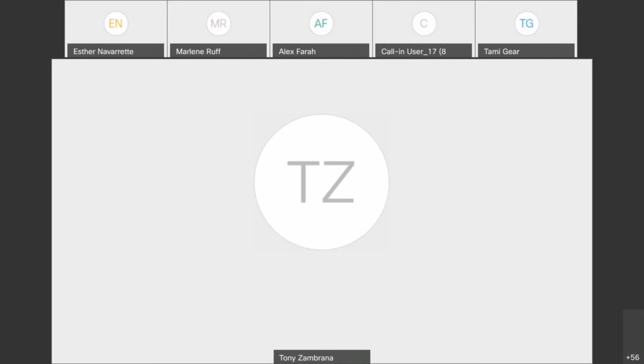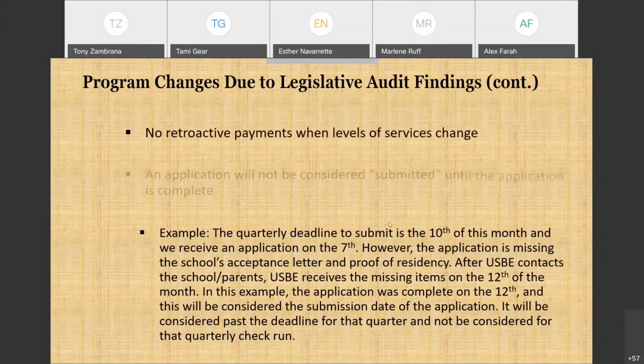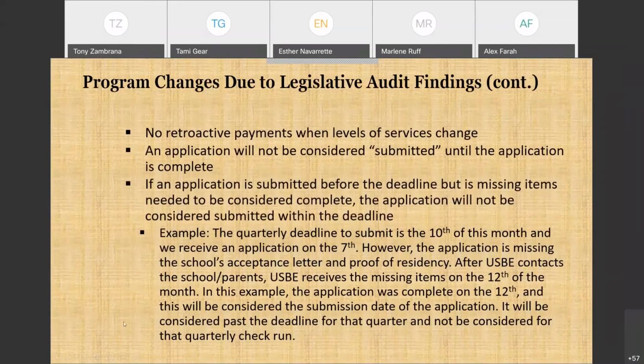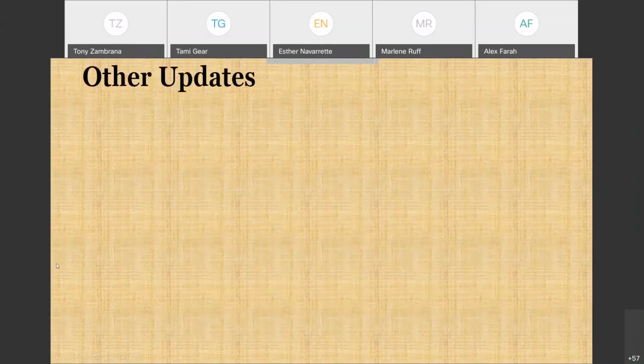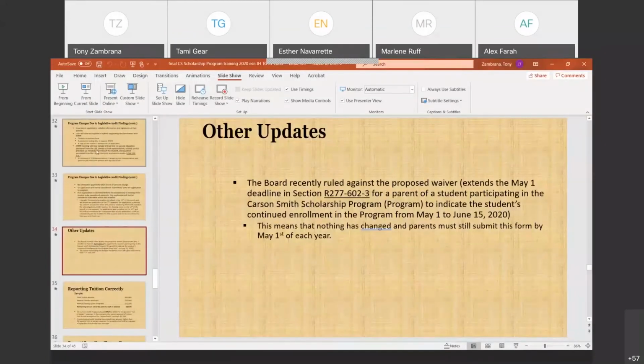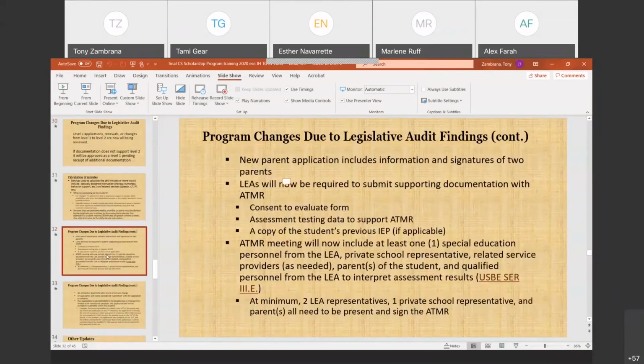So, is this where we were? No, we were one slide before that. Okay, hang on. Yeah, that's the one.